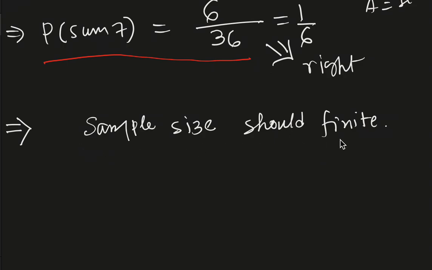If the sample size becomes infinite, that means if n becomes infinite, then we don't know how to use the classical definition to determine the probability. Then we have to represent the infinity by some number, and there can be various ways to represent that infinity. To illustrate this, I will give an example.